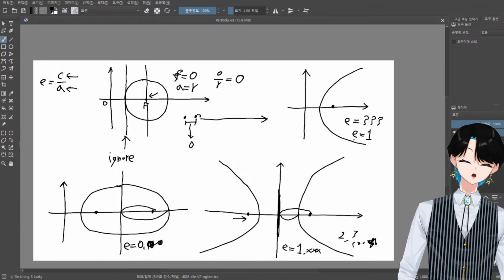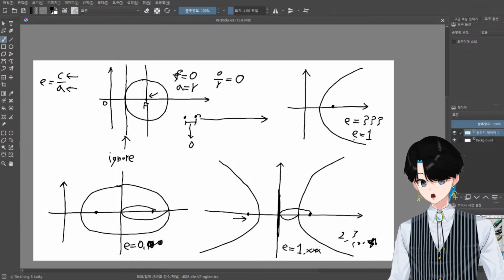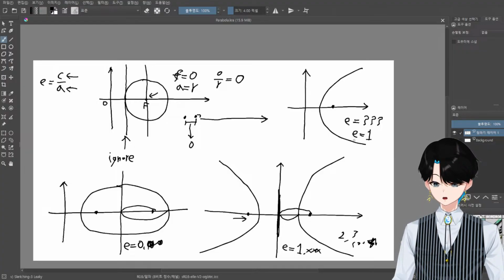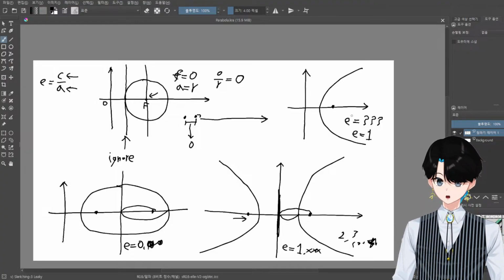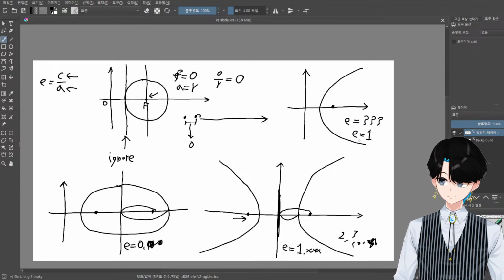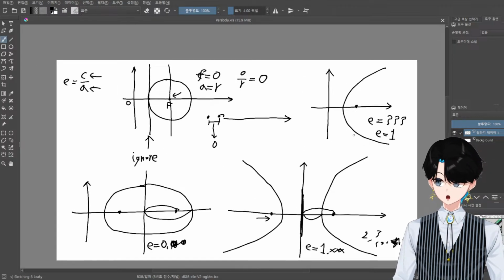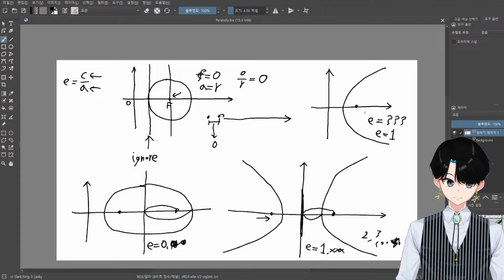Okay. So, eccentricity is 1 in this scenario. And the reason why the value of the eccentricity of the parabola is 1 is because that's the definition.